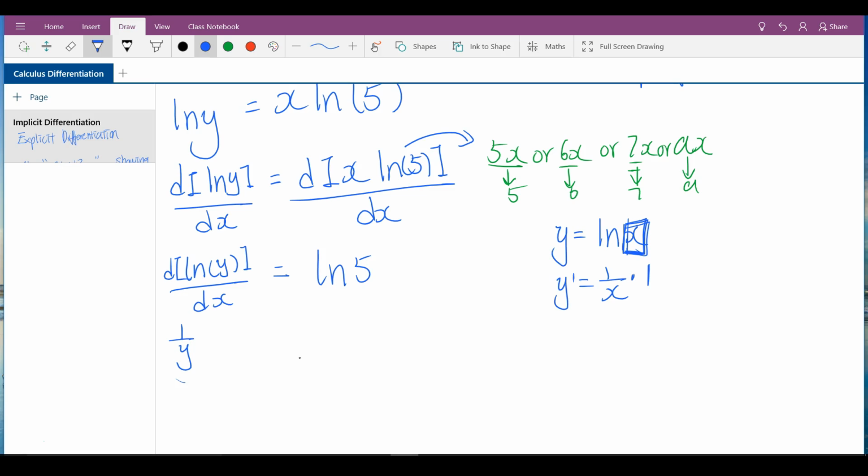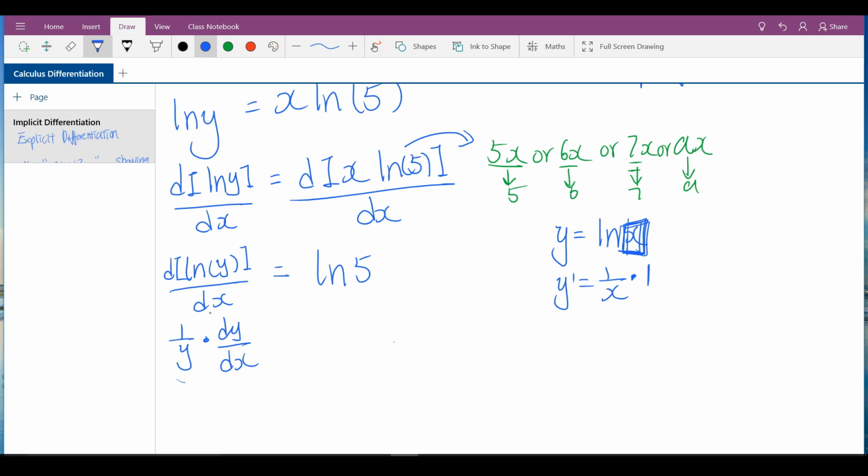And then what do you do next? So what you do next is you multiply by the derivative inside the bracket. And what is the derivative inside the bracket with respect to x? You will get dy dx. Right? Because whatever is inside the bracket is y. So if you're differentiating y with respect to x, you get dy dx.